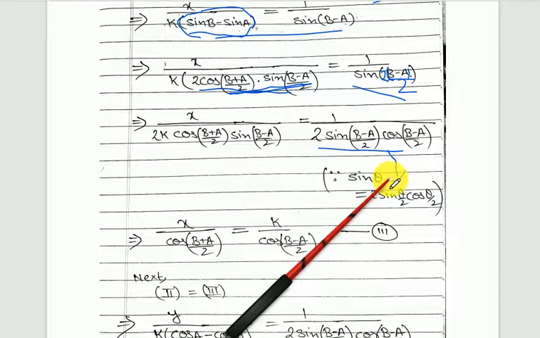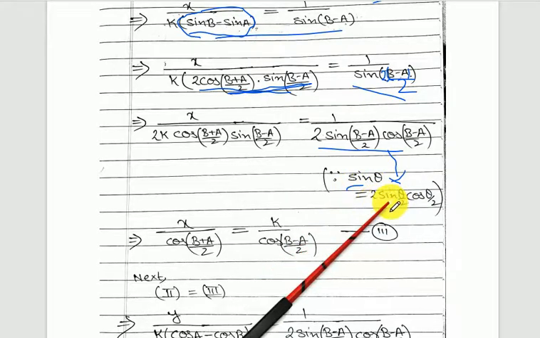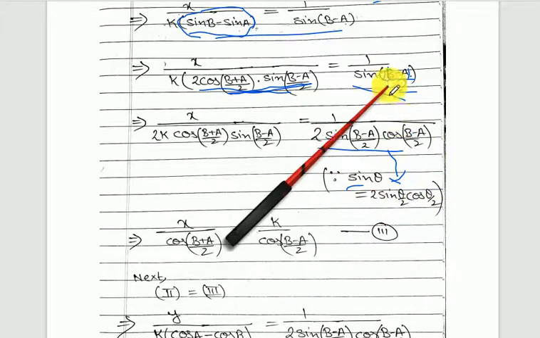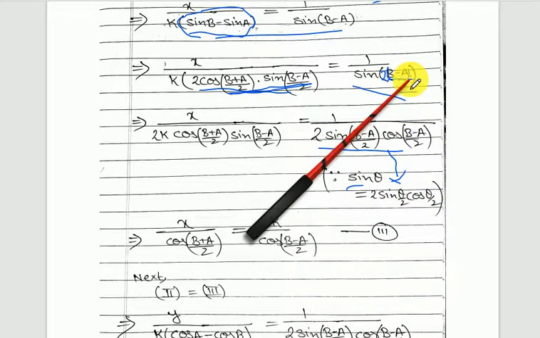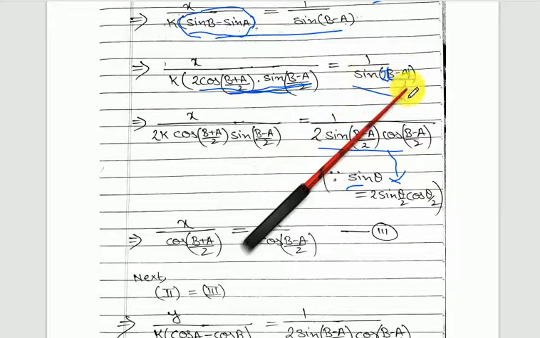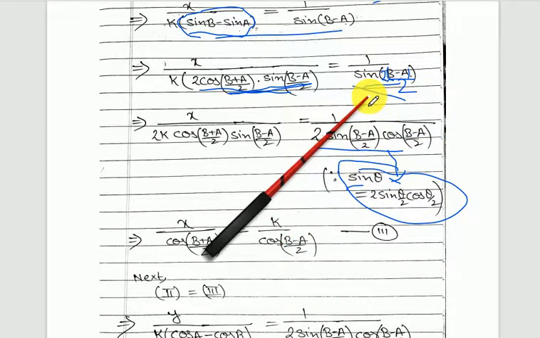If you have sine theta, then this can be written as 2 times sine theta upon 2 into cos theta upon 2. Here in place of theta we have b minus a. So this can be written as 2 times sine (b minus a) upon 2 into cos (b minus a) upon 2. Using this formula, this can be written as this.